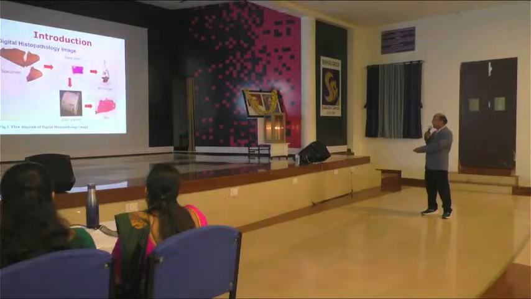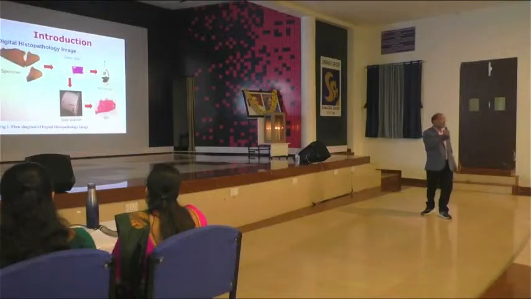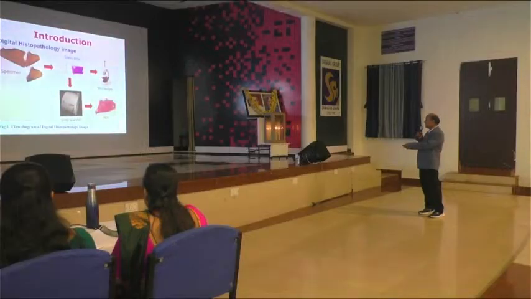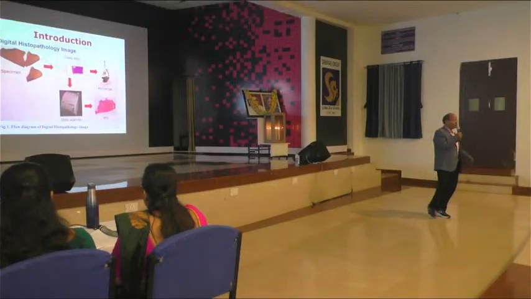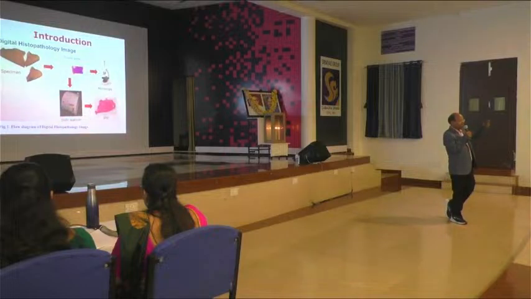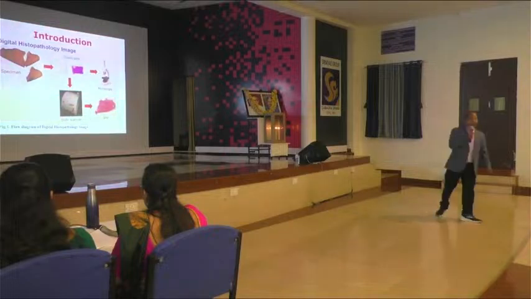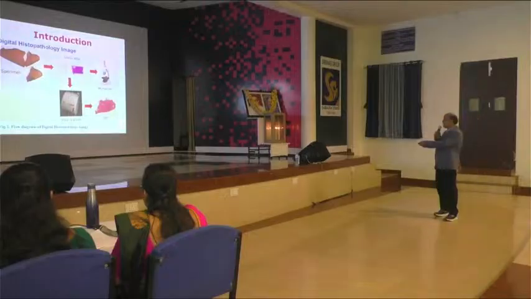So you will get this type of image, which is called whole slide imaging, WSI. This image you can keep at the bottom, and from the top you can see it, and there is a facility to zoom as well. You can capture the region of interest from this microscopy.